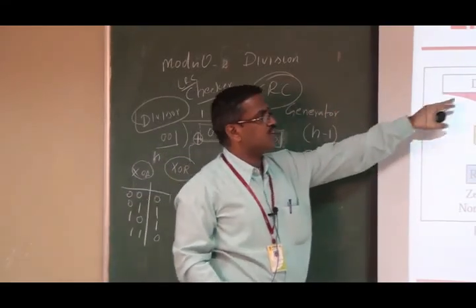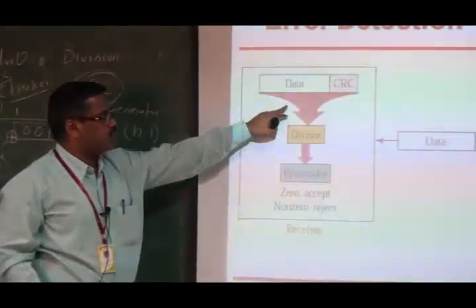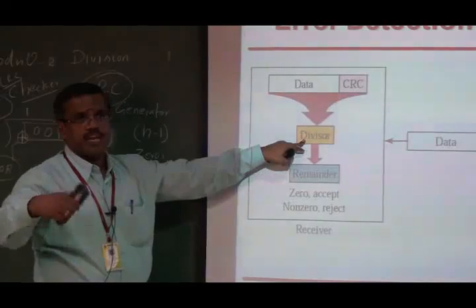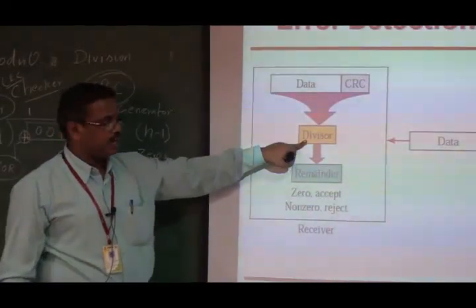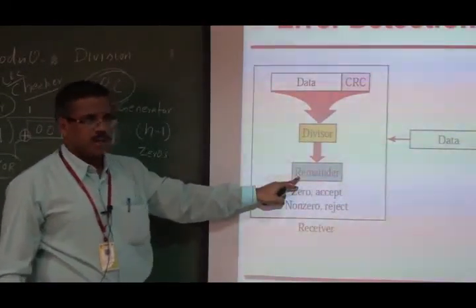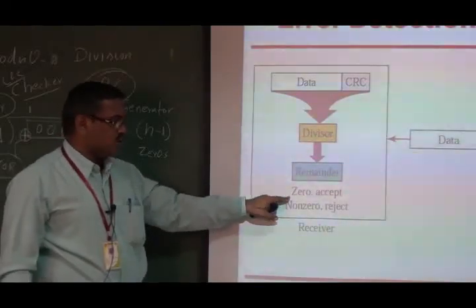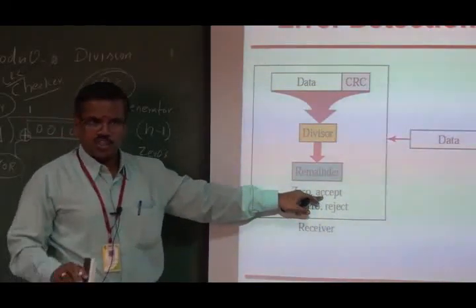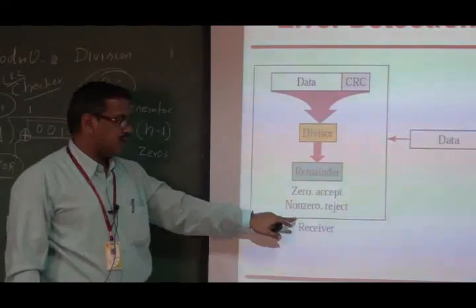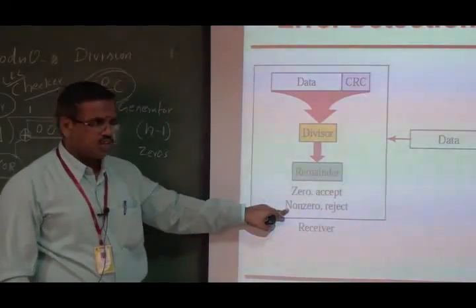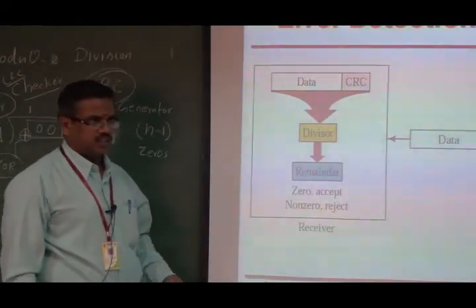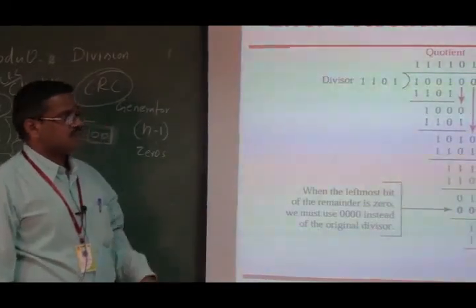The CRC checker receives the data with CRC and performs the modulo 2 division again, that is the binary division, and finds the remainder. If the remainder is 0, the data is the original data unit, and you can accept it. Otherwise, if it is non-zero, you can reject the data. So this is the process.